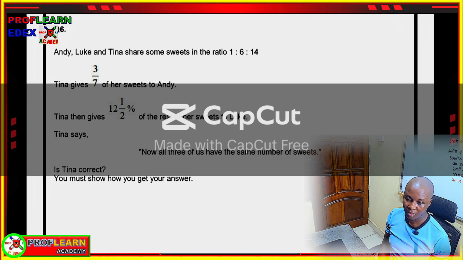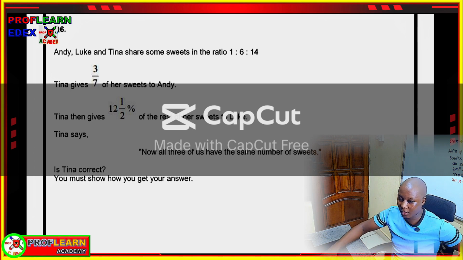Tina gives 3/7 of her sweets to Hadi, and Tina then gives 12.5% of the rest of the sweets to Luke. Tina says now all three of us have the same number of sweets. Is Tina correct? You must show how you get your answer.